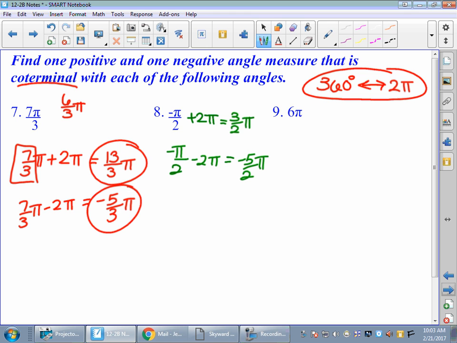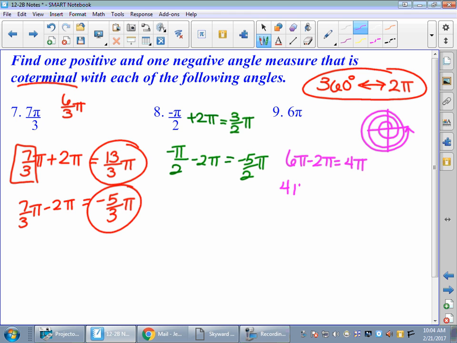And the last one is 6 pi. 6 pi is actually going around the circle 3 different times. Here's 2 pi radians, 4 pi radians, 6 pi radians. So we're already pretty big. So I'm actually going to subtract 2 pi to get a positive, which would be 4 pi.